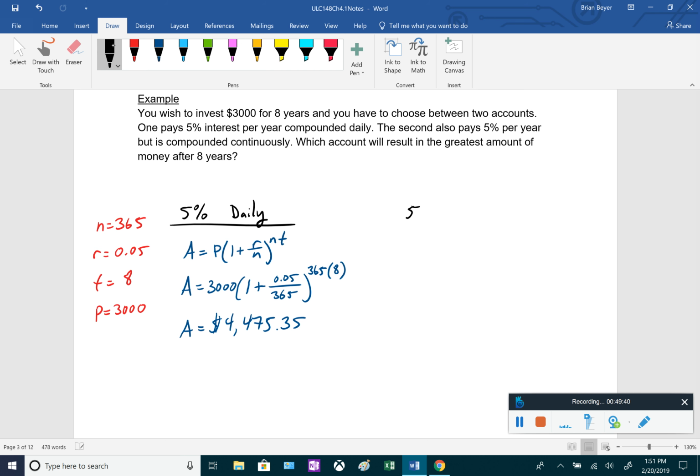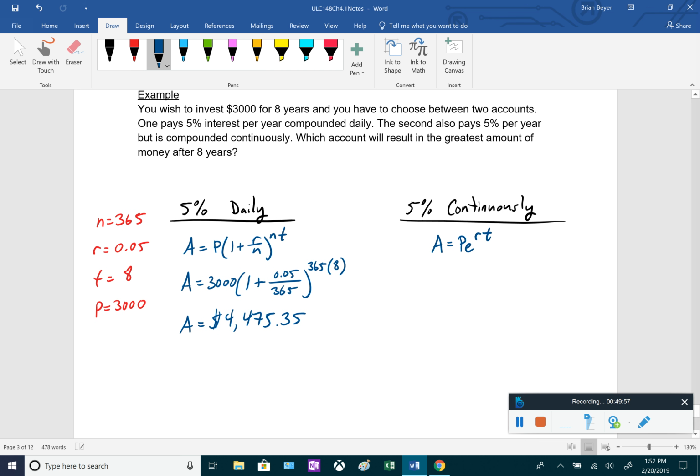Okay, for the next one, we have 5% compounded continuously. As soon as you see continuously, you should be thinking A equals P times e to the rt. The R here is going to be 0.05 again. The T is 8, and the P is 3,000.